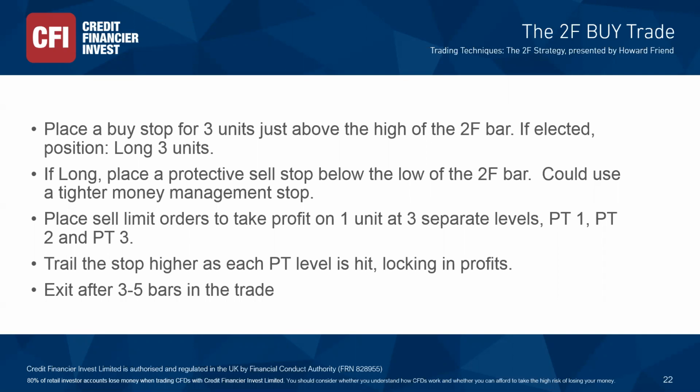So we're going to be placing limit orders at 3 target levels. And as the market hits our profit targets, we're going to be raising the stop, locking in the profits as we go along, so that if the market snaps back, we're not going to be losing any money.